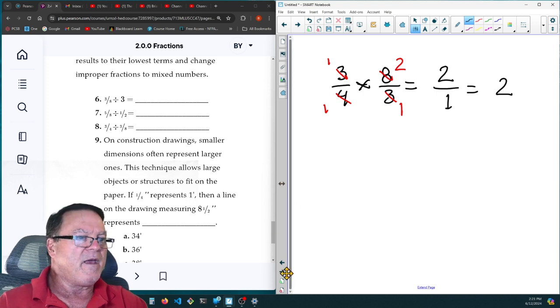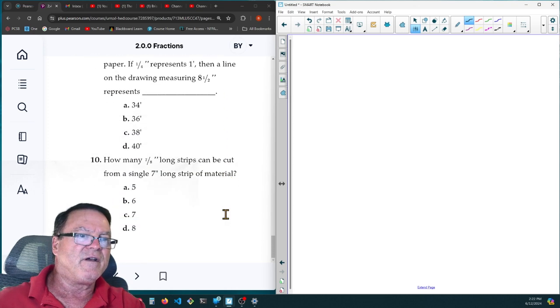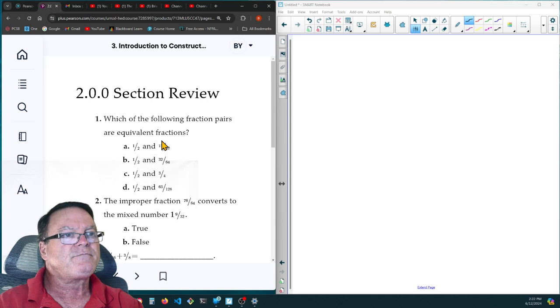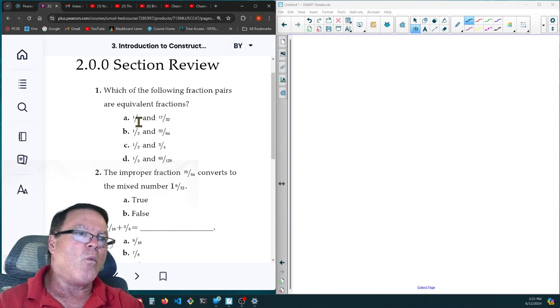Okay. Let's see. I'm going to move ahead, I think. Yeah, let's move ahead. Section 2 review. Which of the following fraction pairs are equivalent fractions? 1/2 and 17/32.